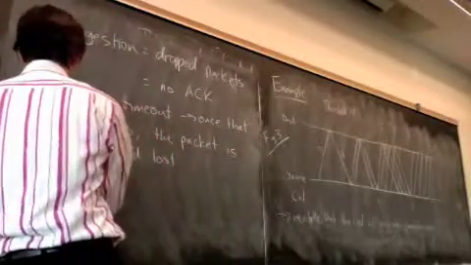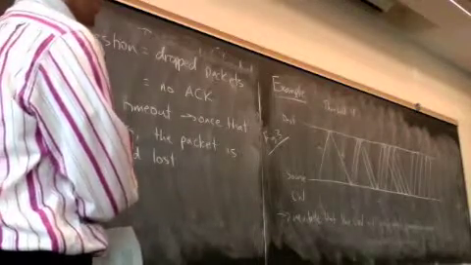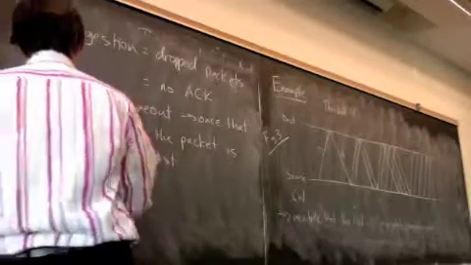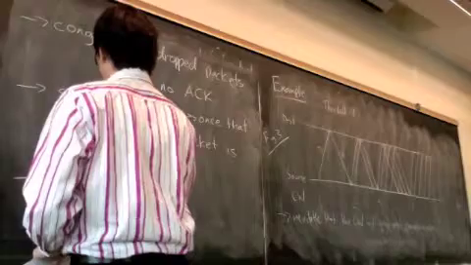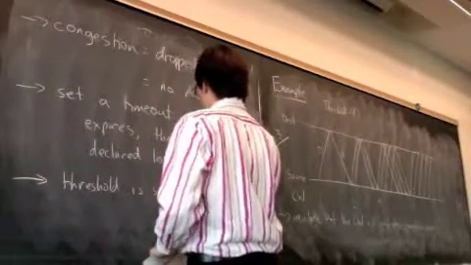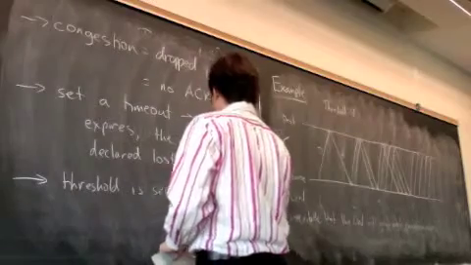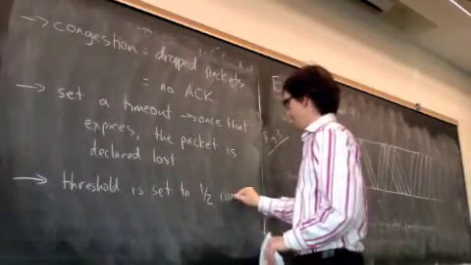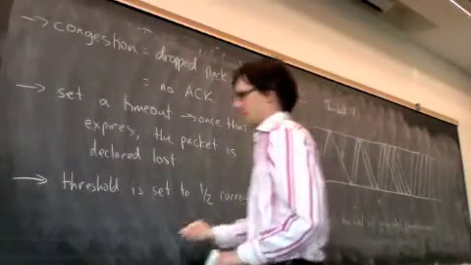And what happens at that point, once a packet is lost, the threshold is set to 1/2 the current congestion window size.